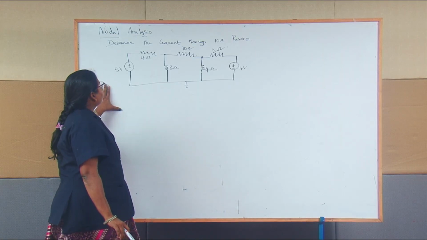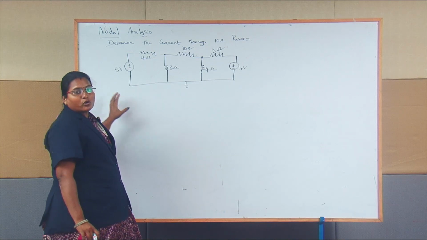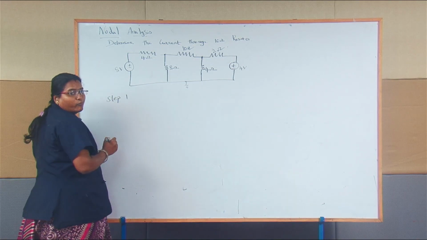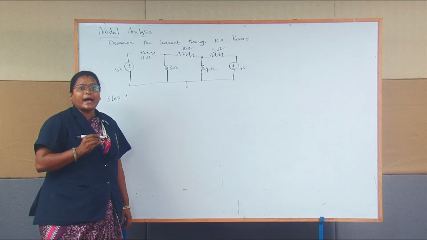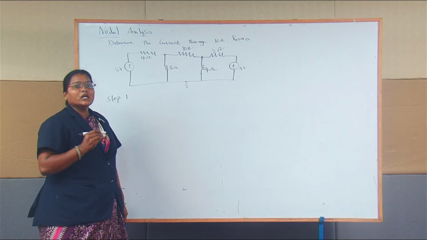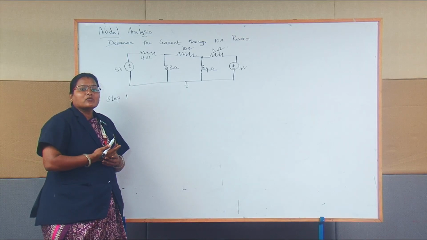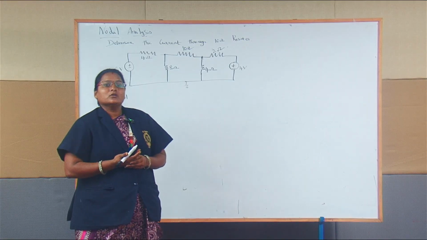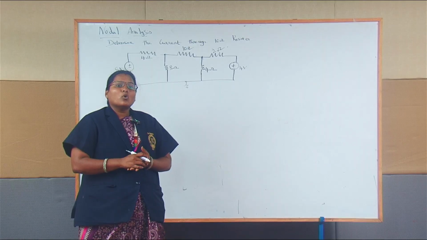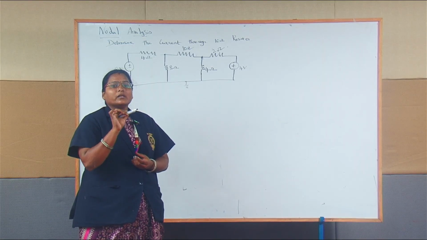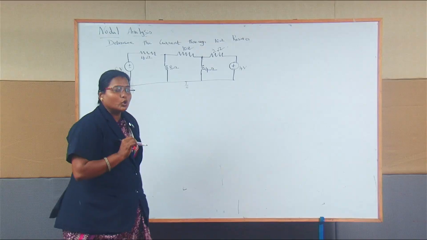So this is the given circuit. Step 1: you have to identify how many nodes are in the circuit. Before that, you have to know what a node is. When more than 2 branches meet at one point, we call it a node.